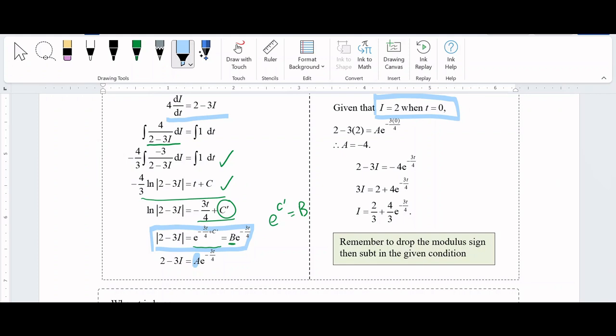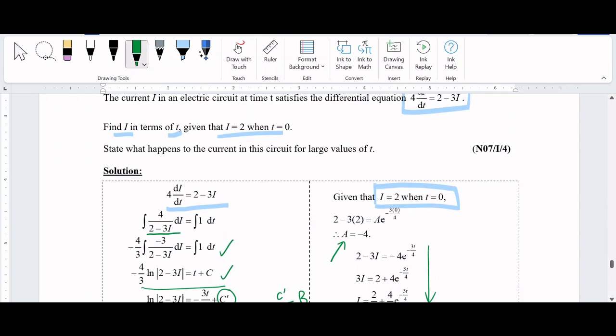If not, you will end up doing many extra steps, and it will be tedious and prone to error. So follow the step. If you are given a condition, always drop the modulus first, then sub in your condition. So the rest is just substitution. When t is 0, I is 2, so that you can find your arbitrary constant a. Once you have found it, the rest is just trying to make I the subject, and this is the particular solution of this question.